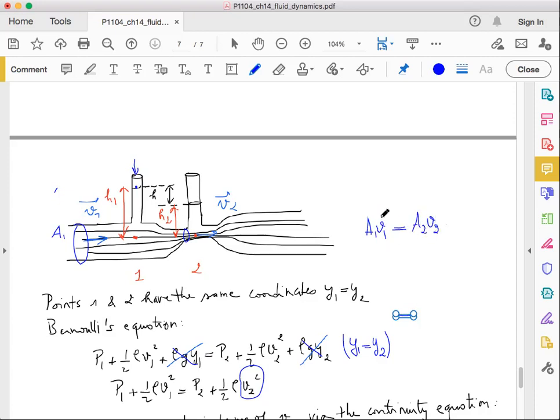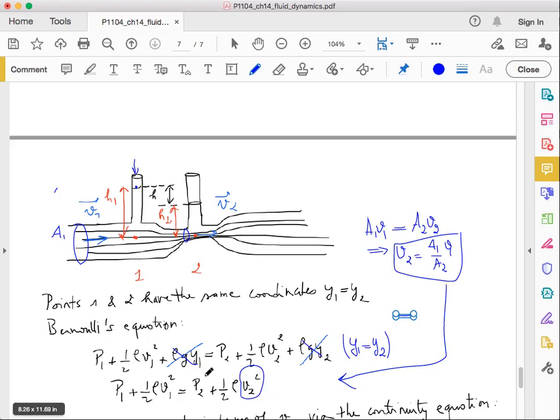So the speed in the part of the tube where the cross-sectional area is A1 is different from the speed in the part where the cross-sectional area is A2. From this equation, we deduce that V2 is equal to A1 over A2 times V1. We can replace V2 by its value inside the equation, so we end up with only one unknown, V1 squared.